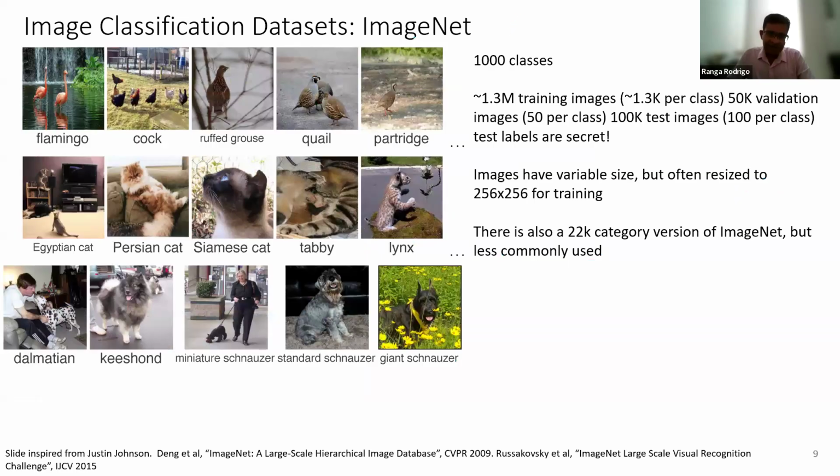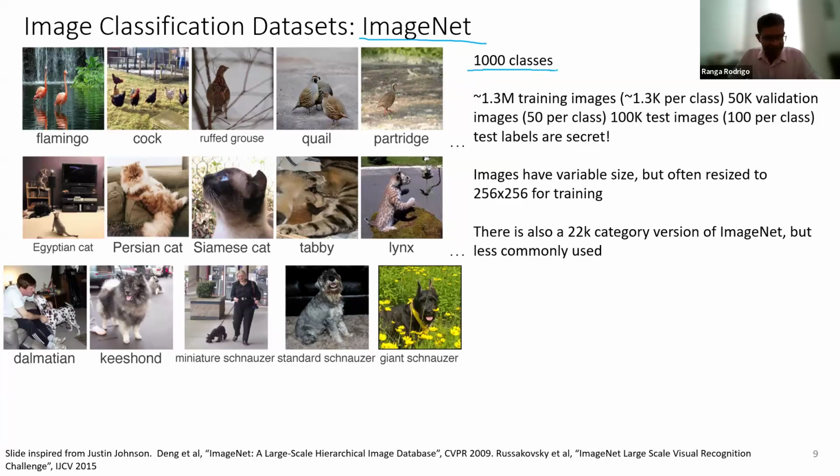Then ImageNet. This is one of the greatest contributions in computer vision. This was done by Professor Fei-Fei Li's group. Actually, she gives a TED talk about this. She cries in the TED talk because a lot of people laughed at her when she tried to create a very large image database. It has a large number of classes, but the popular subset that we use is called the ImageNet Large Scale Visual Recognition Challenge.